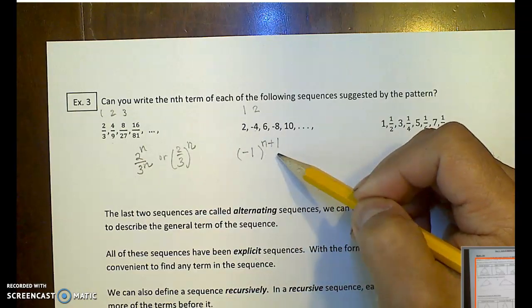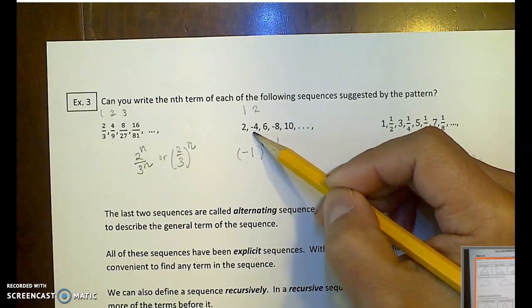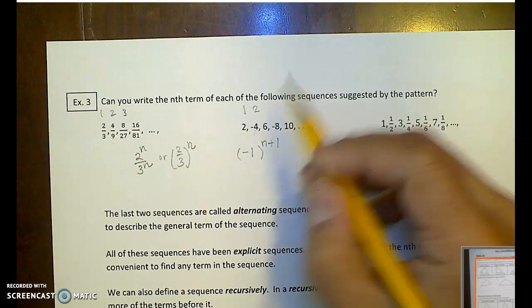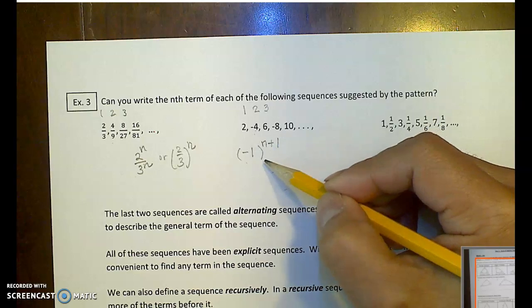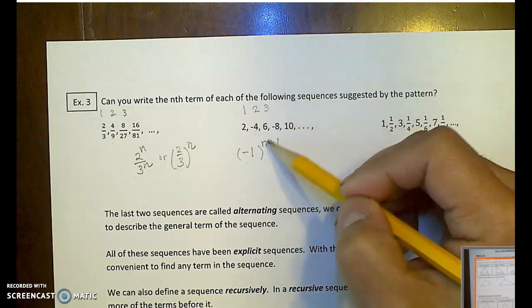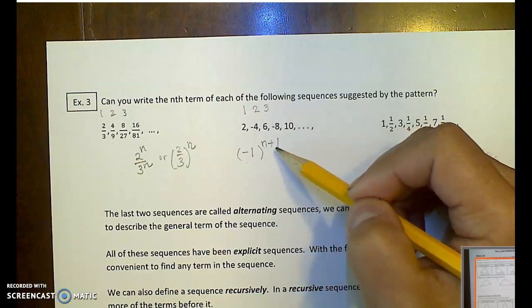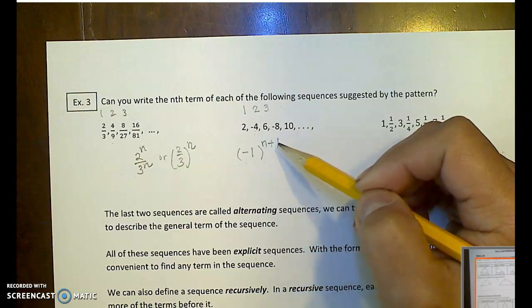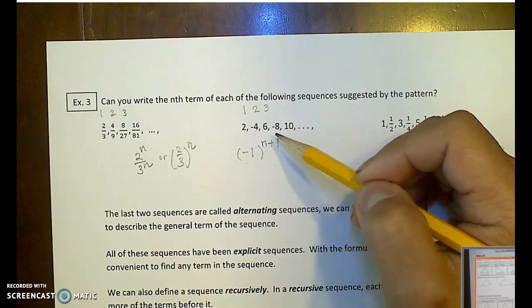That exponent is odd, and anytime we take a negative number to an odd power, that's going to leave us with a negative value. So you see this expression is going to allow us to alternate between a positive and a negative value term. Plug 3 in for n, 3 representing the third term, so 3 plus 1 is 4. -1 to that even power is going to give me a positive value.